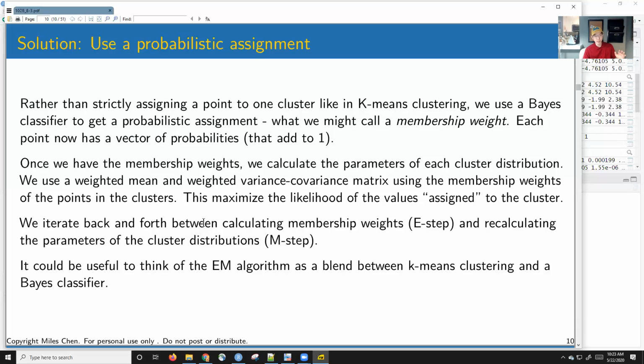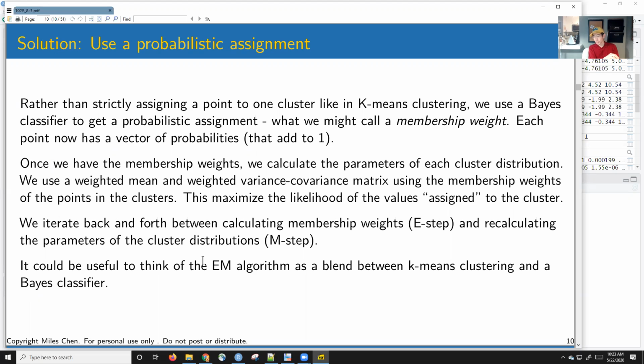So you can think of this EM algorithm as a bit of a blend between k-means clustering and a Bayes classifier. In k-means clustering, you assign points to the cluster with the nearest centroid.